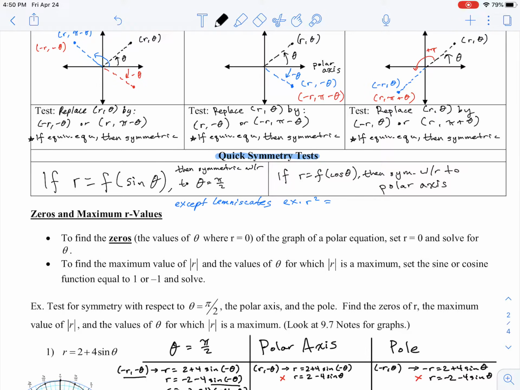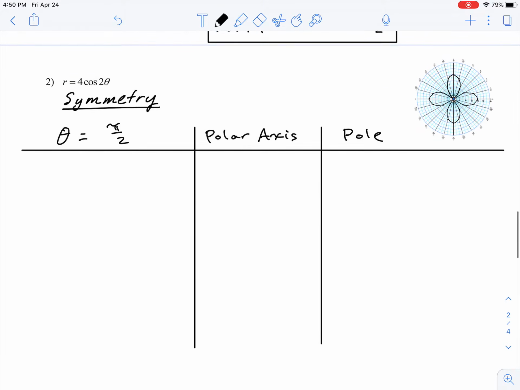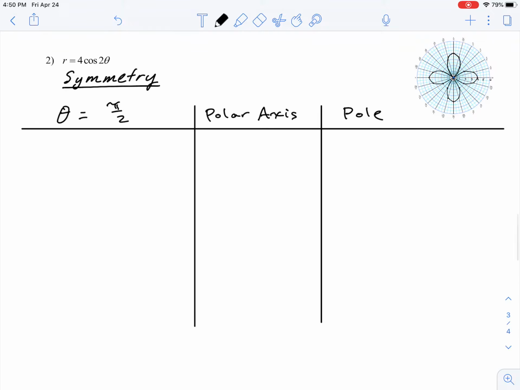If r is a function of sine theta, then we know right away it's symmetric with respect to pi over 2. And if r is a function of cosine theta, then we know immediately that it's symmetric with respect to the polar axis. It doesn't mean that it's exclusively symmetric to just this one thing, but we do know for sure that it will be symmetric to that. So I didn't use this in my previous problem, but I am going to utilize it here.